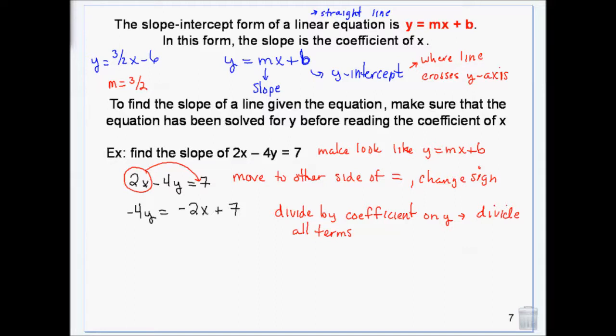So I'm going to take this -4 and divide everything by -4, which leaves me with a y. -2 over -4: negative over a negative is a positive, so it's positive 1/2. And 7 and 4 don't divide, so I just bring the negative out front and make it -7/4.